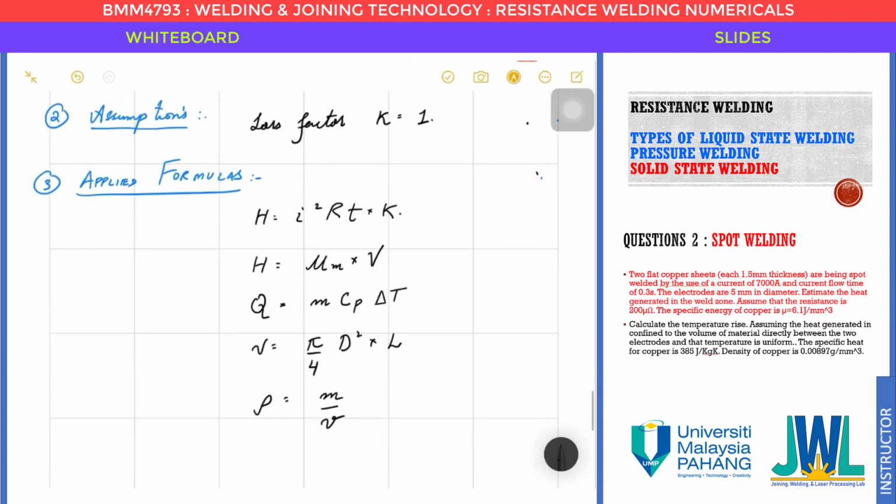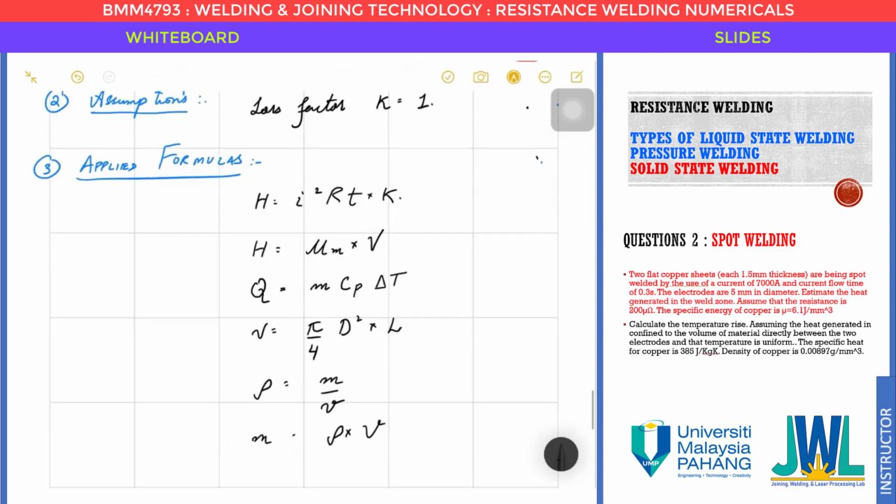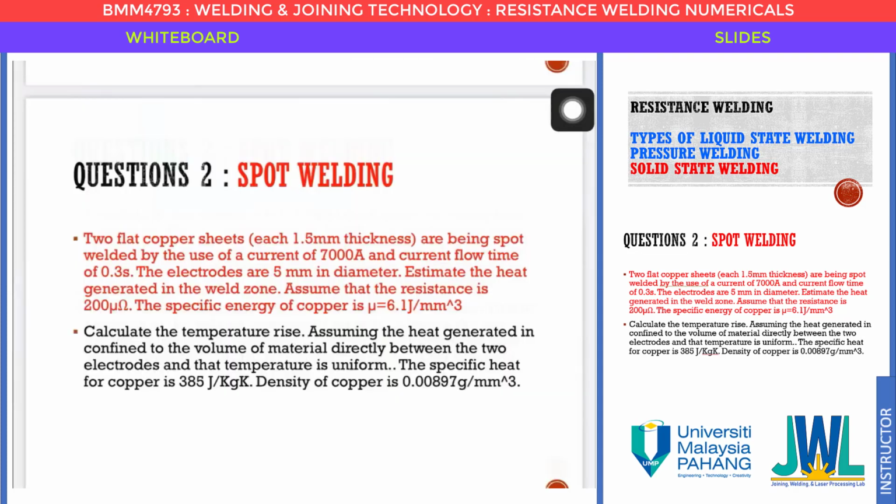So mass is equal to density multiplied by volume. So these are all the formulas which are going to be applied in this numerical. If we go back and see, it is asking to estimate the heat generated in the weld zone. Okay. So what is the heat which is generated in the weld zone?